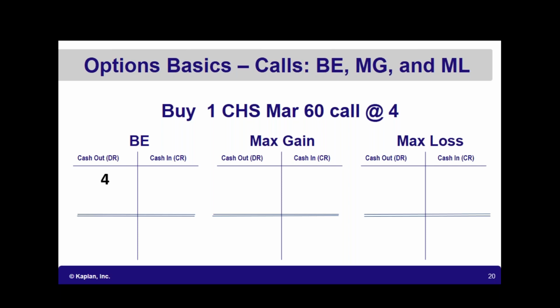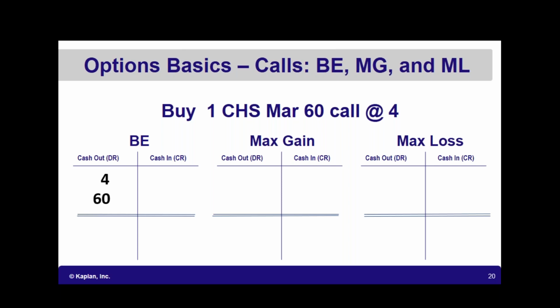Now, our first calculation is going to be the break even. The break even on the long call. So when you calculate the break even, you're going to assume that you exercise the option. Exercising a long call gives me the right to buy the underlying security. And as we said, that price is locked in.